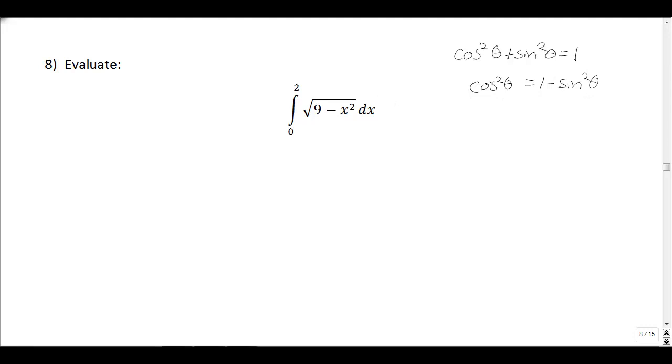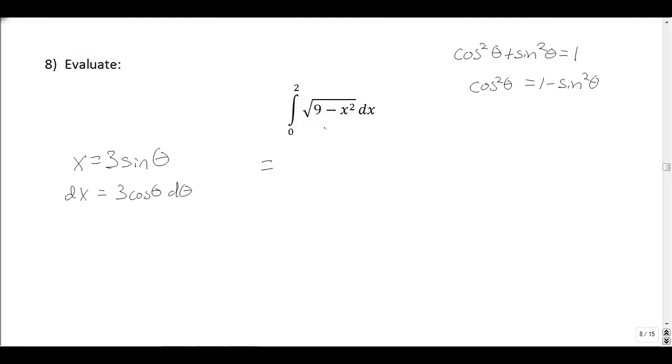So to do that, I have to let x be, now over here I'm saying sine theta, but I need to get that 9. So x squared should give me a 9 sine squared theta. So I want to do 3 sine theta for x, because 3 squared gives me 9. Then dx would be 3 cos theta d theta.